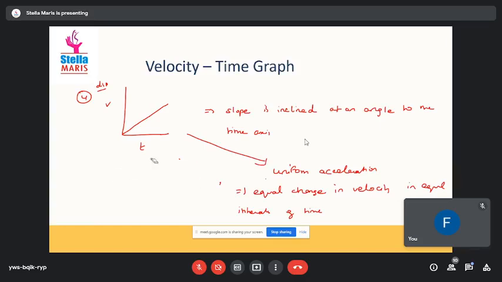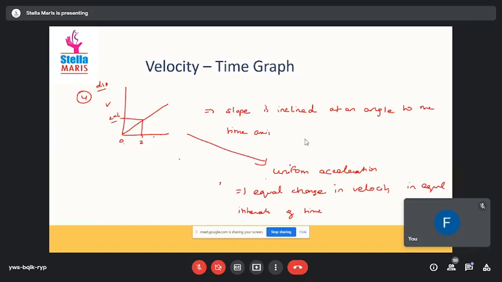For example, let's say this is 0 meter per second, 0 second. Let's say I'm taking this as maybe 2 meter per second, okay. So here 2 seconds. So between 0 to 2 seconds it has attained a velocity of 2 meter per second.